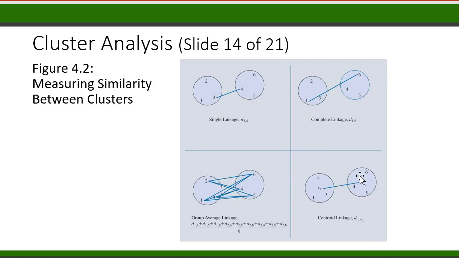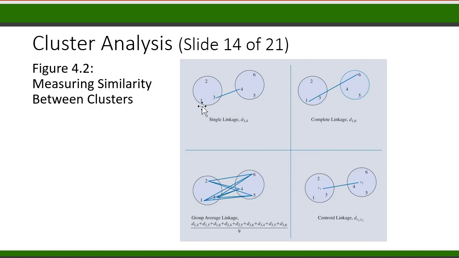That centroid, like I was saying, is a calculation of what is the centroid measure for this group versus the centroid measure for this group. If they're very close to each other, then we would group those. We can also do an average here, and you'd see getting an average of the differences, or those distances, I should say.